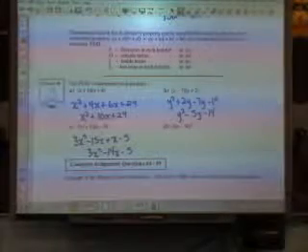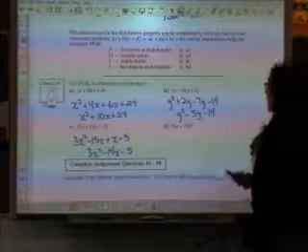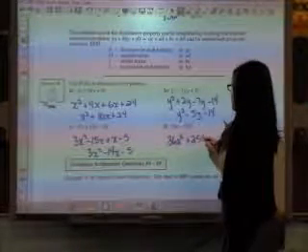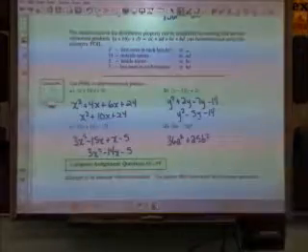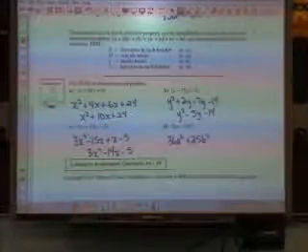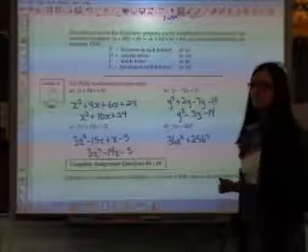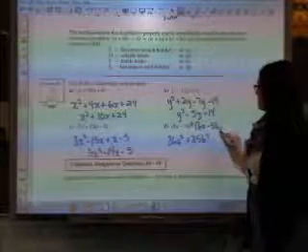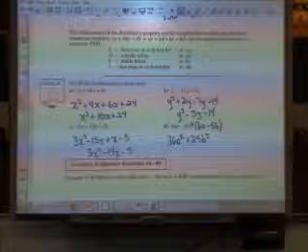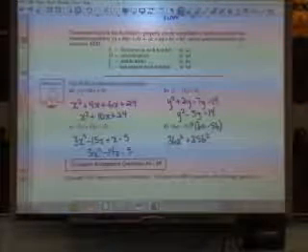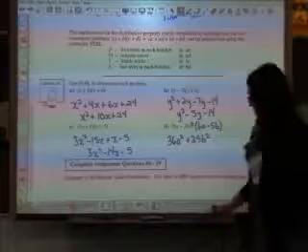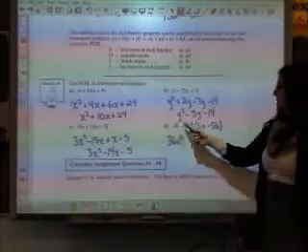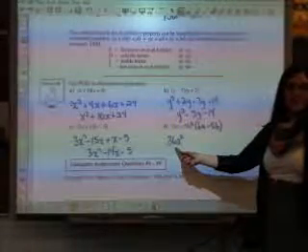Okay. D is a bit tricky. If your answer for D is 36a squared plus 25b squared, you're wrong. Why are you wrong? Exponents outside the bracket. 6a minus 5b squared means take that expression and multiply it by itself twice. 6a times 6a, there's my 36a squared.